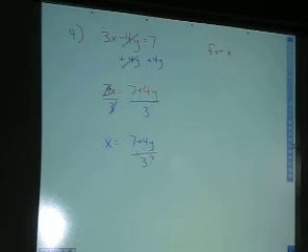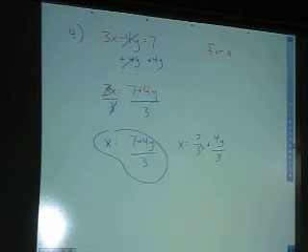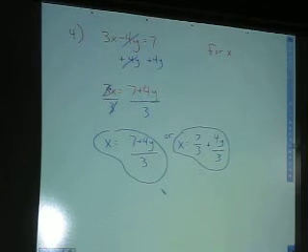Well, there's nothing else that we can simplify that into, so that would be a possible answer. Another way that this might show up is x equals 7/3 plus 4y over 3. Okay, these two would be the same answer. So either of those would be fine. That's number 4.